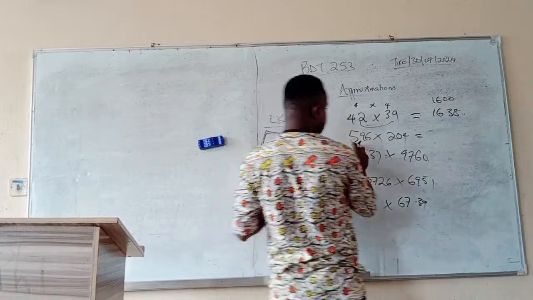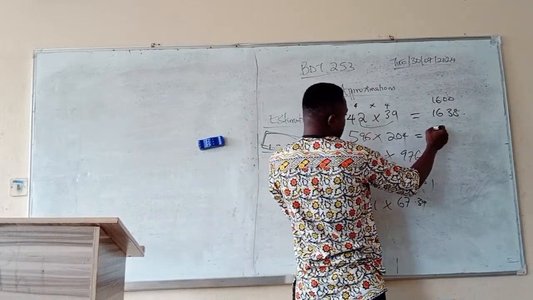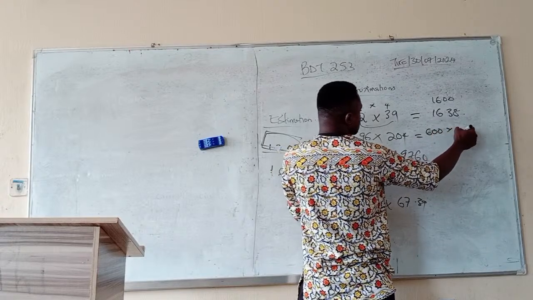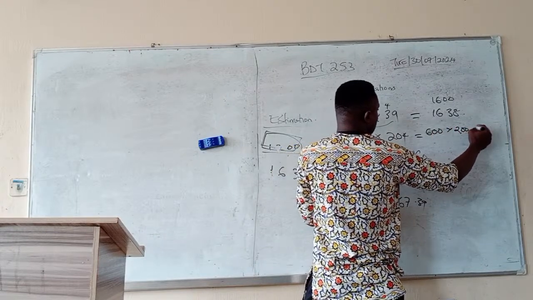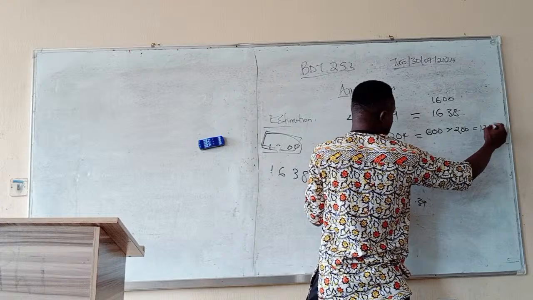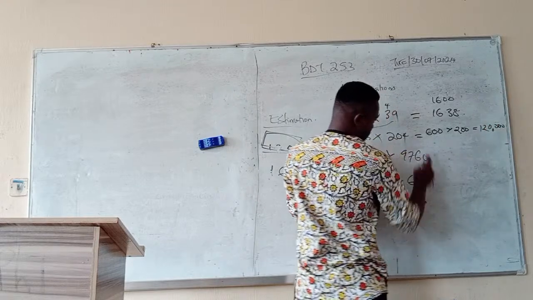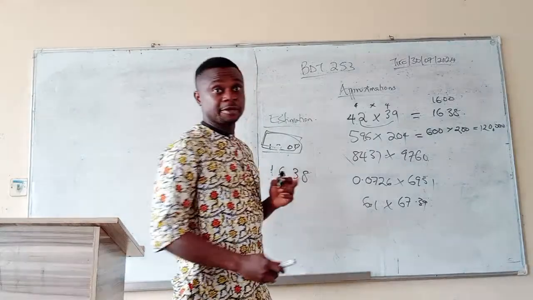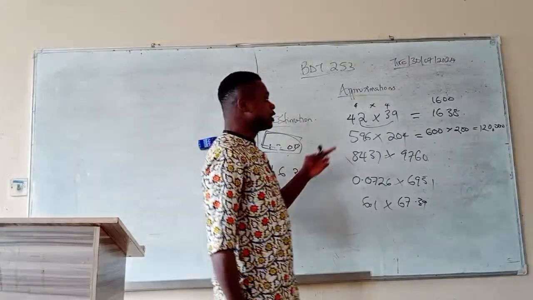If you approximate this, you have 6 times 100, times what? Is it clear? Yes, sir. Now, what is the actual value?